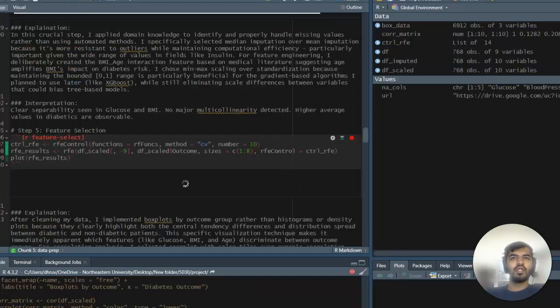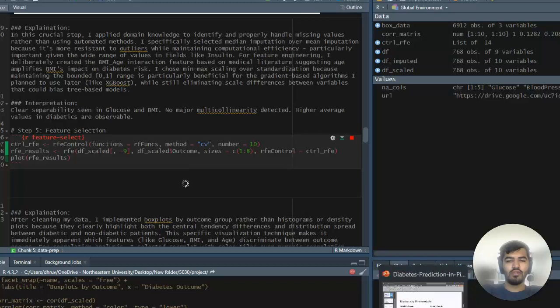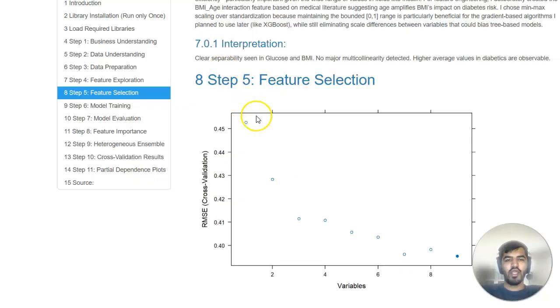For feature selection, I implemented recursive feature elimination with 10-fold cross validation to identify the most predictive variables. And here is how the plot looks.